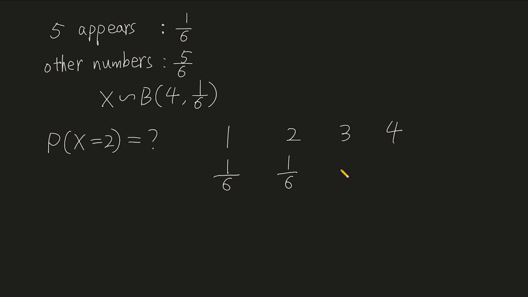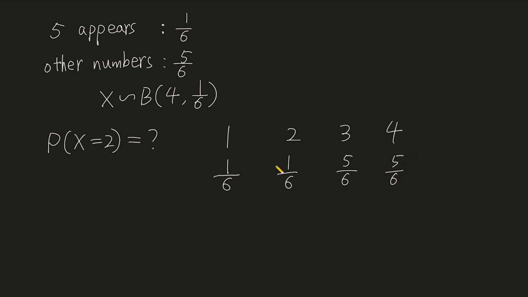And for the third time, other numbers appear. The probability that other numbers appear in one experiment is 5 over 6. And for the fourth time, again other numbers appear, with probability 5 over 6.